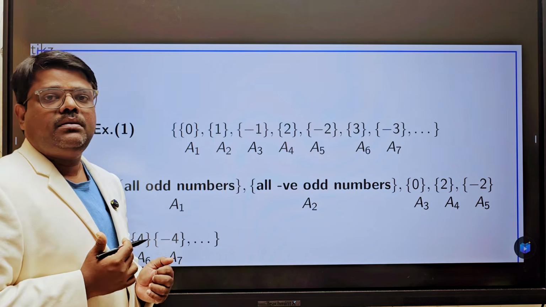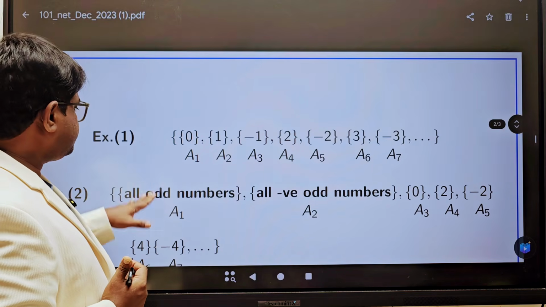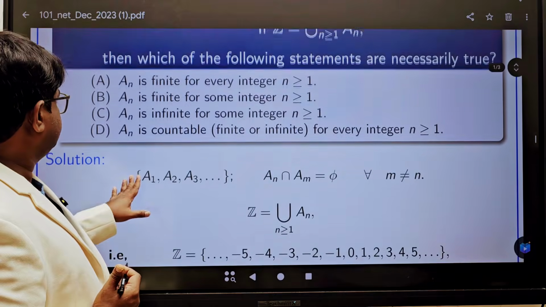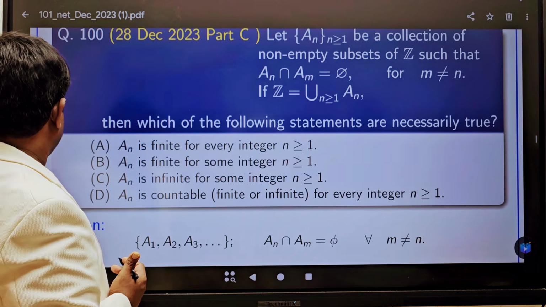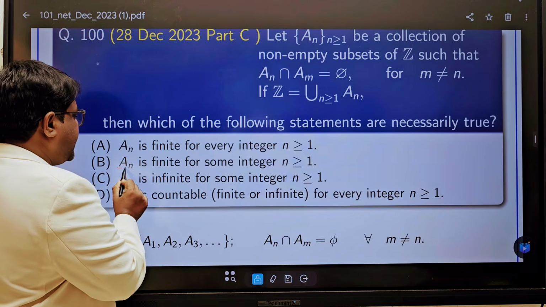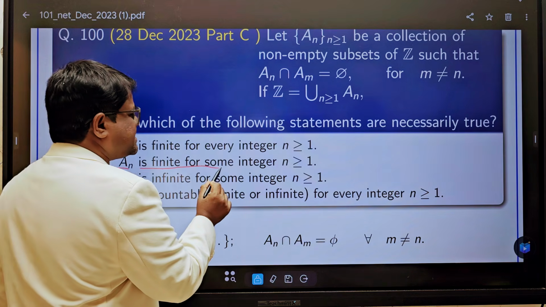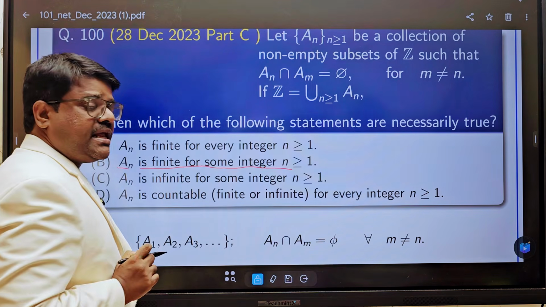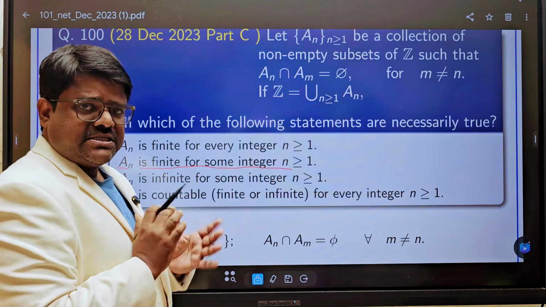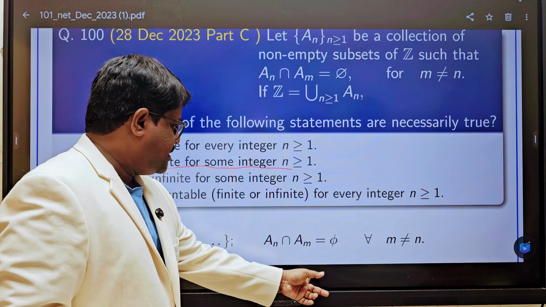Now coming to option B. An is finite for some integer n greater than or equal to 1. This statement is true, we will see.